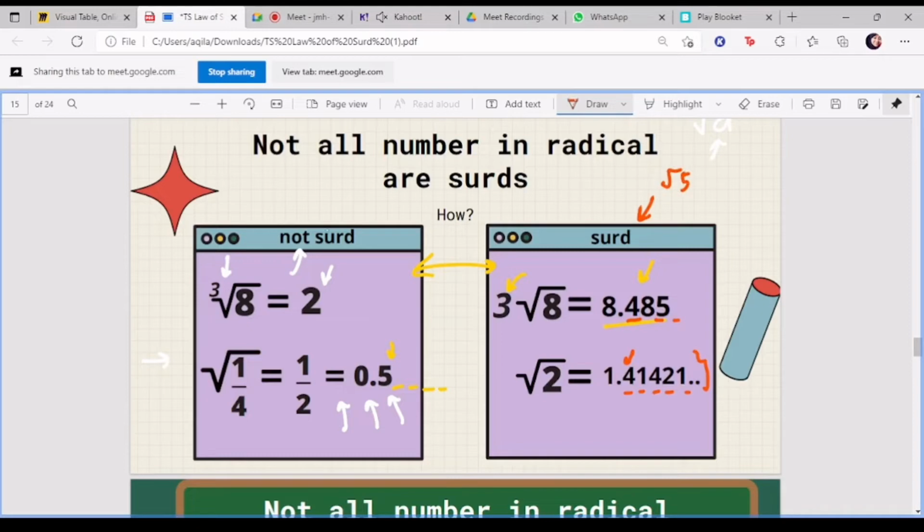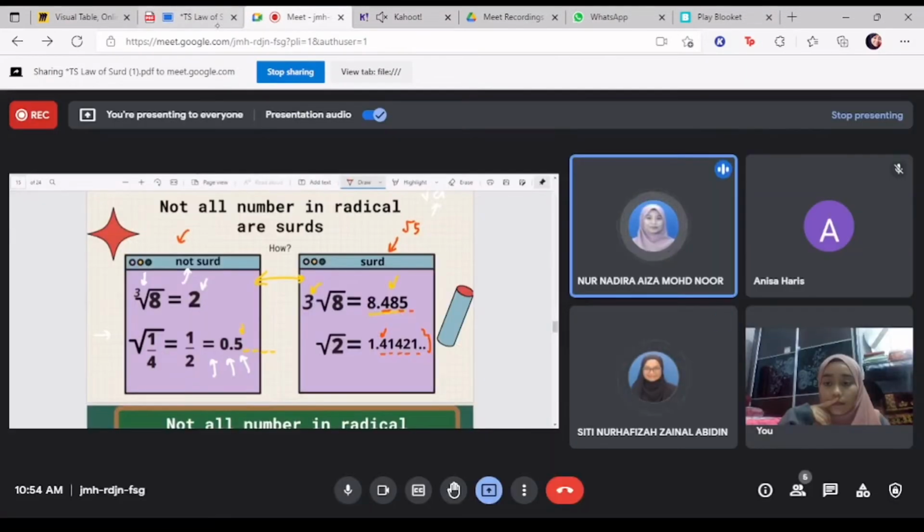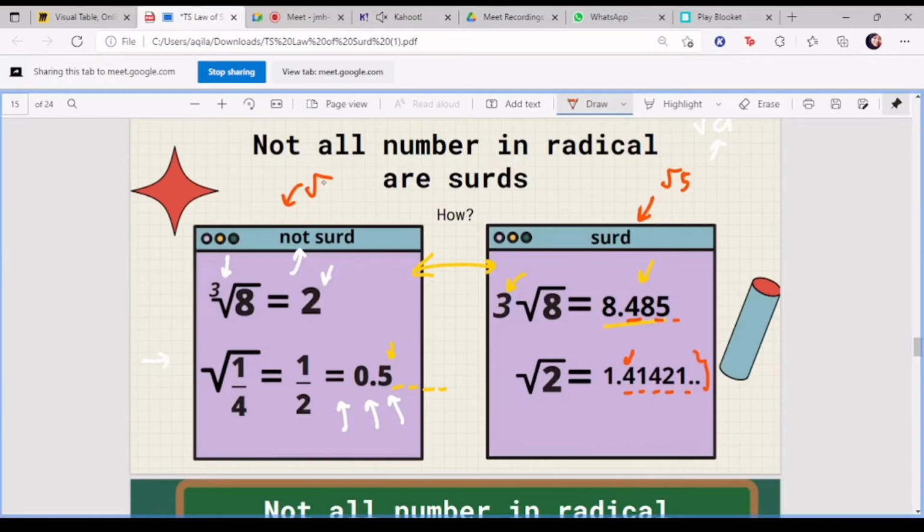Very good. So how about a number with a radical that is actually not a surd? Root 16. Okay, root 16, because root 16 gives the answer 4, right? Since root 16 can be simplified into an integer, it is called not a surd.